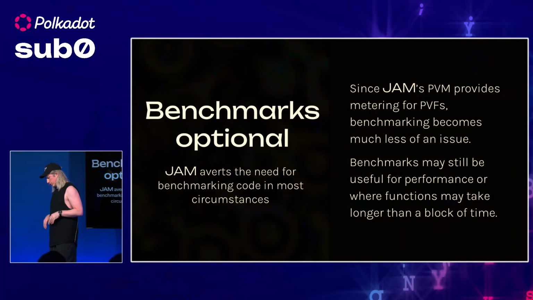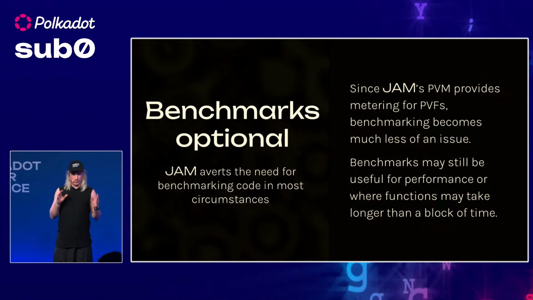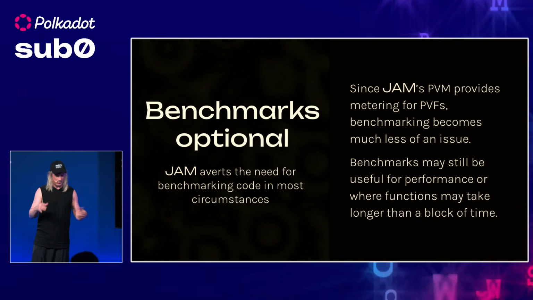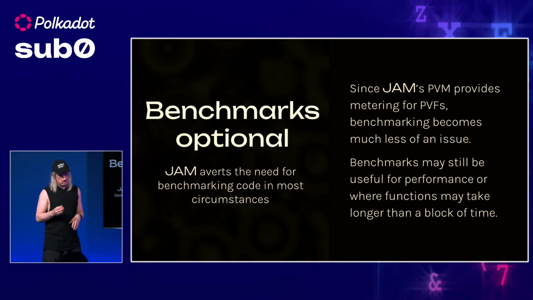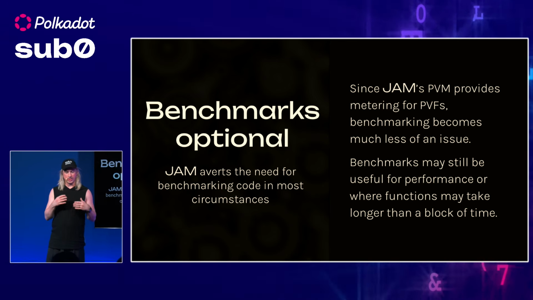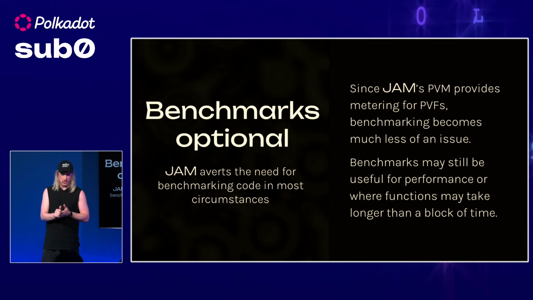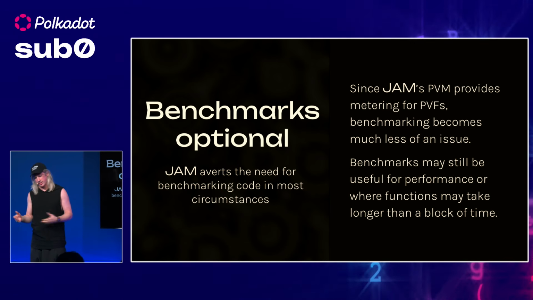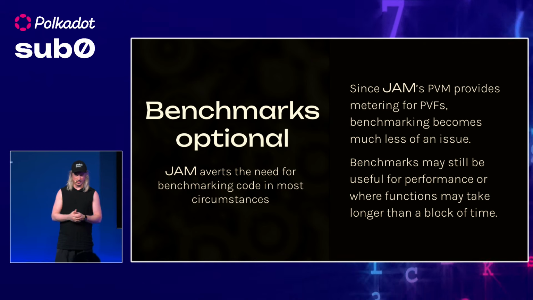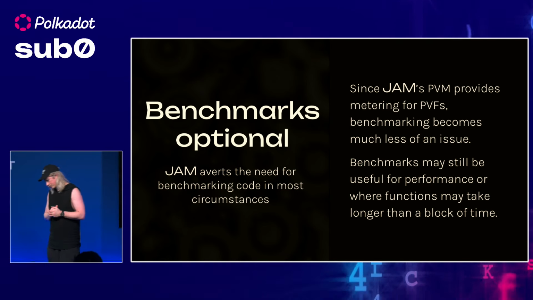What do I mean by optional? Well, it's not that no one will ever need to do benchmarks again. But most of the time that you need to do benchmarks, that need will be averted with the Jam chain. Why? Because Jam is fundamentally a metered system, which means you can check to see how much work you've done after you've done it.